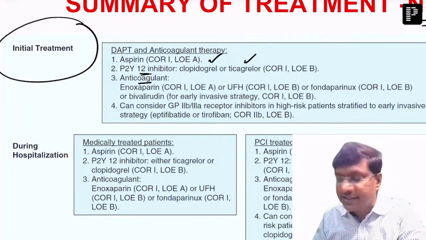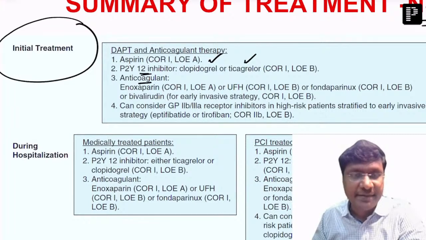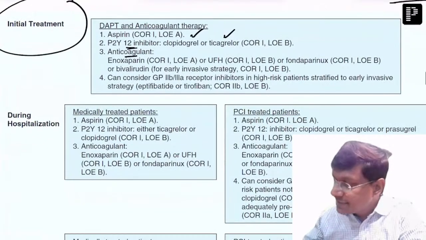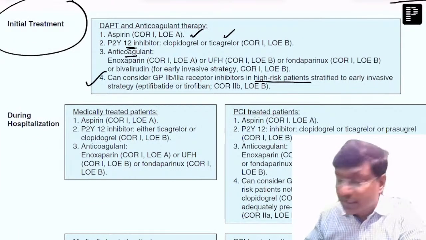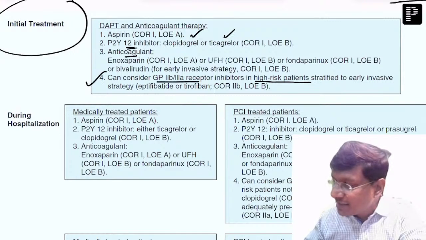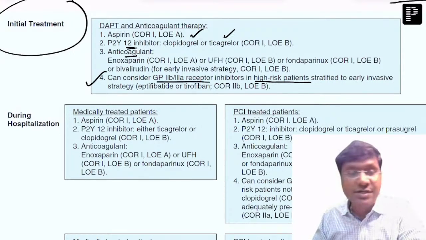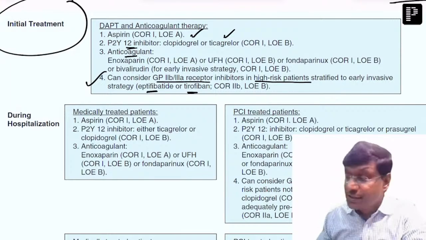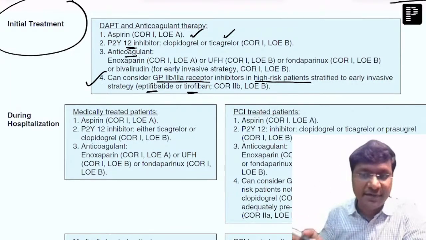Then anticoagulants, that is low molecular weight heparin, or unfractionated heparin, or fondaparinux, right? And if the individual is high risk, then you also need to consider glycoprotein 2B3A receptor inhibitors, which includes either eptifibatide or tirofiban. So this will be the initial treatment.